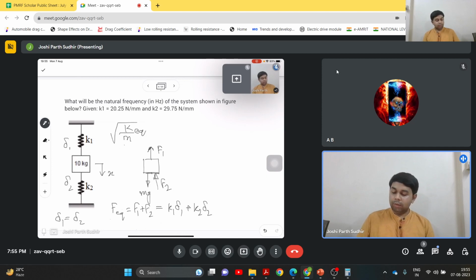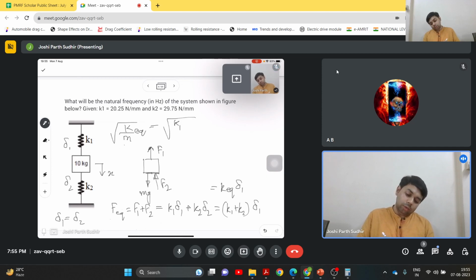Since delta 1 is equal to delta 2, it is K1 plus K2 into delta, which we can write as K equivalent into delta. So K equivalent is K1 plus K2, and the natural frequency is root of K1 plus K2 by M.